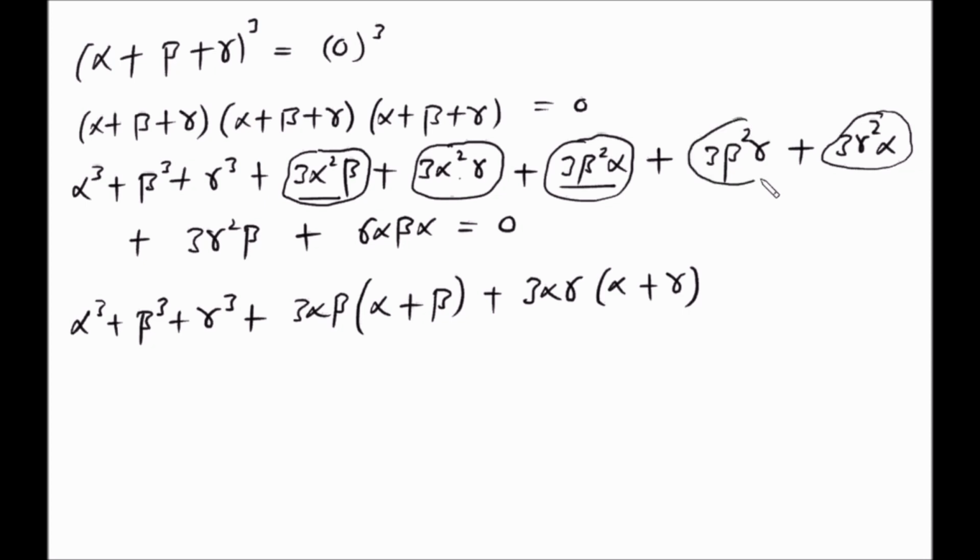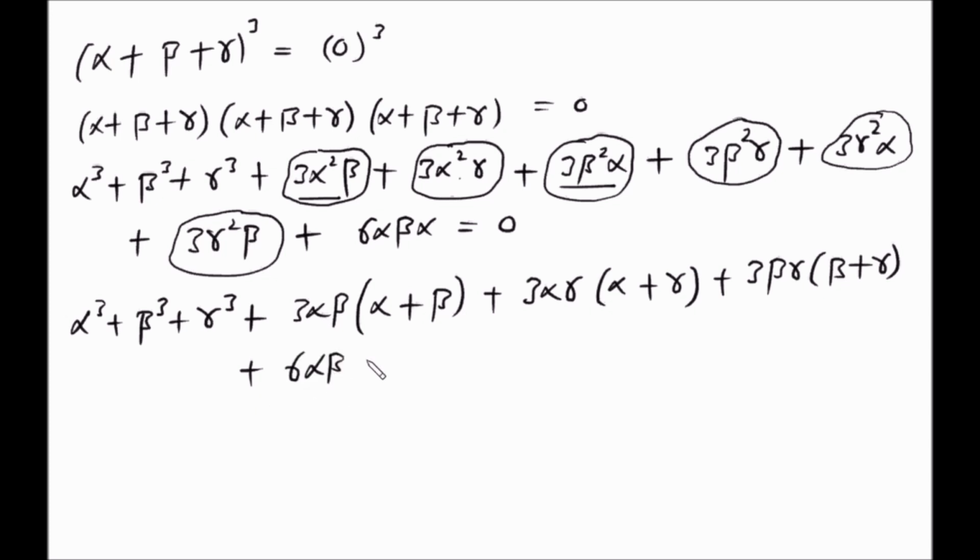So anabaki huyu 3 beta squared gamma na 3 gamma squared beta. So this time tutoe nje nani? 3 beta gamma. So hapa tutabaki na beta, alafu hapa tutabaki na nini? Alpha. Jumlisha 6 alpha beta gamma sawa na 0.